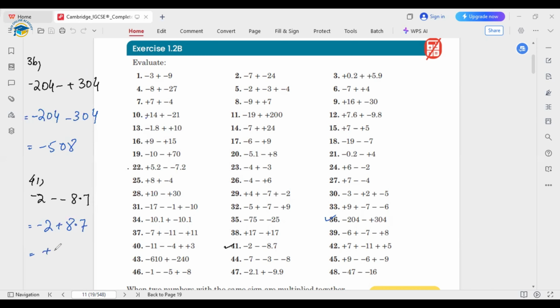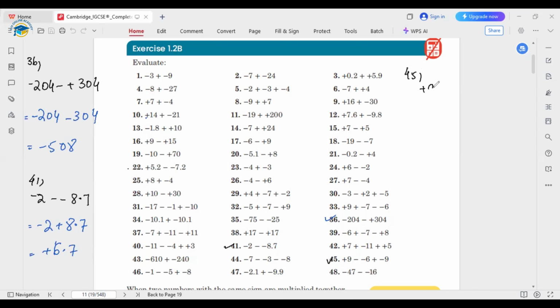But we are going to use the greater number sign because these two are having unlike signs together. So that's why I've used the positive sign. From 8.7, we are going to subtract 2. So only the whole number part is going to be subtracted. Like these two whole number parts will be subtracted accordingly. This will be 6.7.